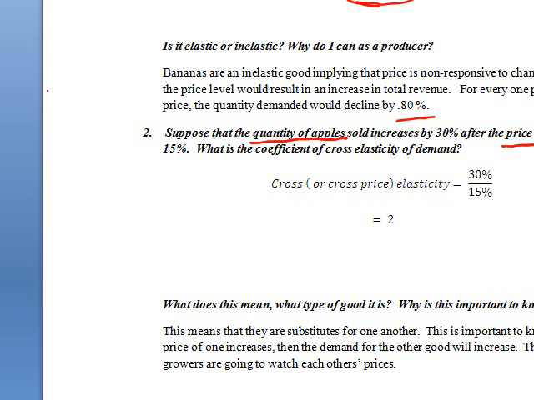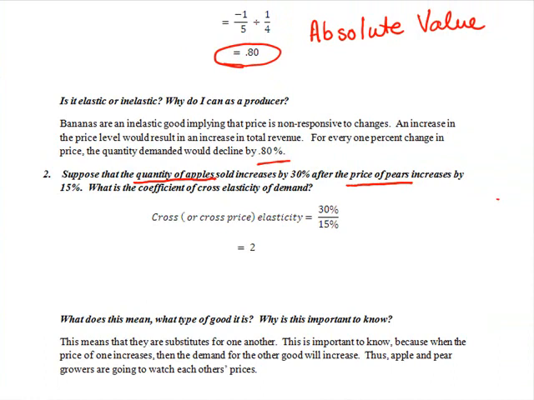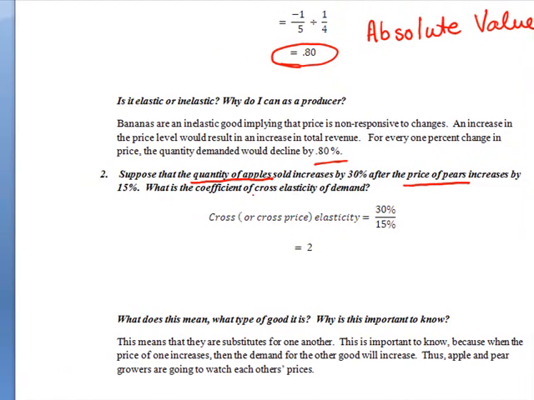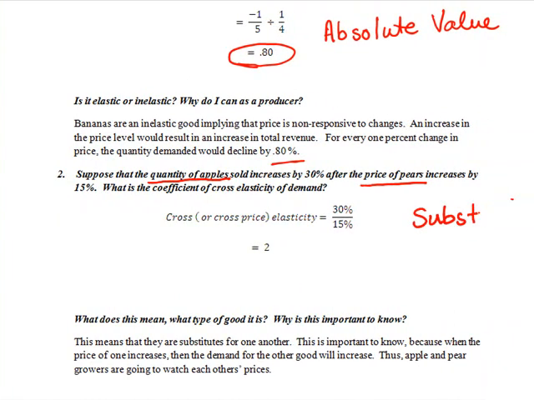I want to know if the price of pears goes up, does it affect the amount of apples? This relationship is going to tell me if they're substitutes, if they're complementary goods, or if they're just unrelated goods. So I'm going to abbreviate those three things: again, substitutes, complements, and unrelated.